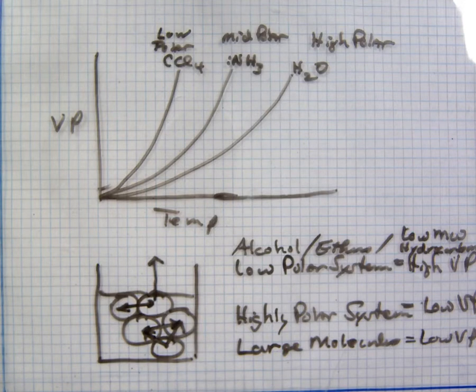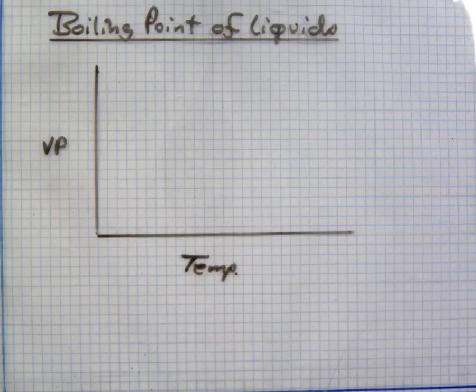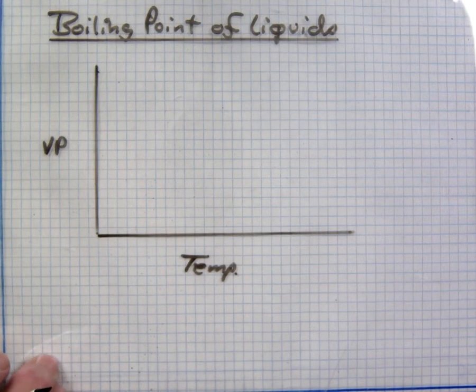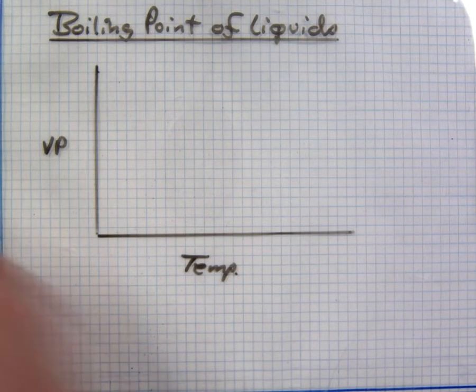Now, in the concept of vapor pressure, we now go to the boiling point of a solution. This is the technical definition of boiling point. The boiling point of a liquid is the temperature at which the vapor pressure equals atmospheric pressure.